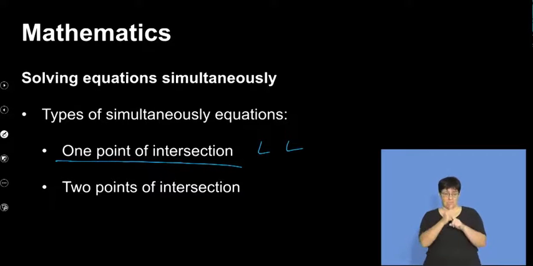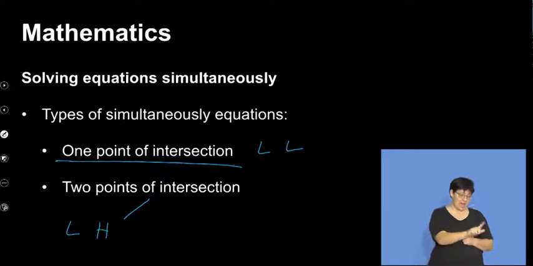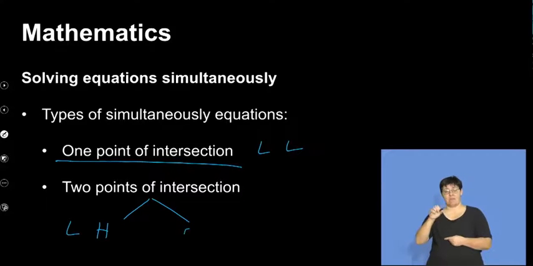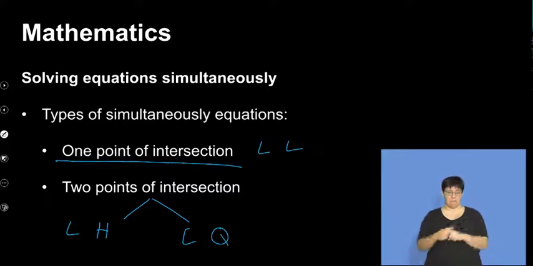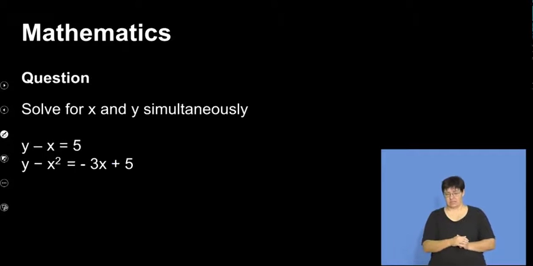And then there are 2 points of intersection when it's a linear and a hyperbola, or a linear and a quadratic. So those are just L's, guys. I know they look very weird, but it's L. And then the question will always be: solve for x and y simultaneously.